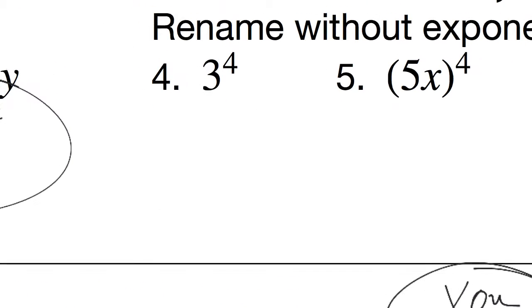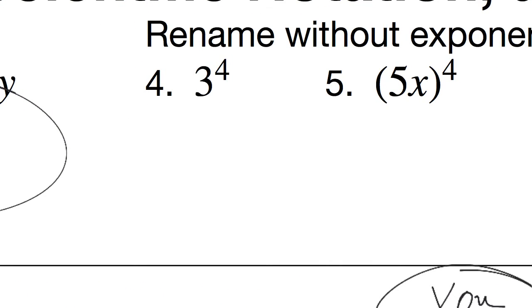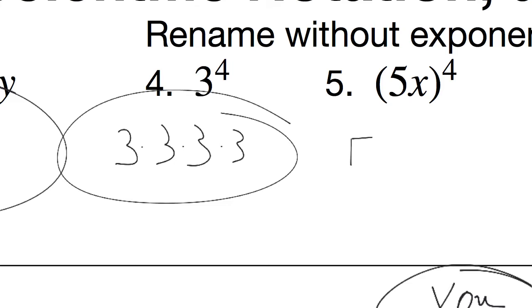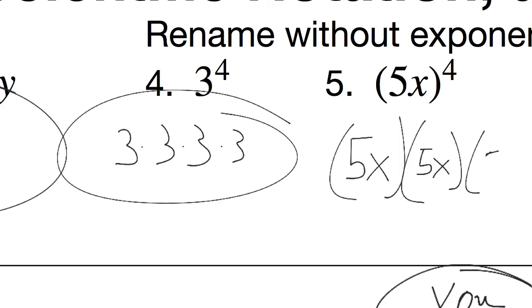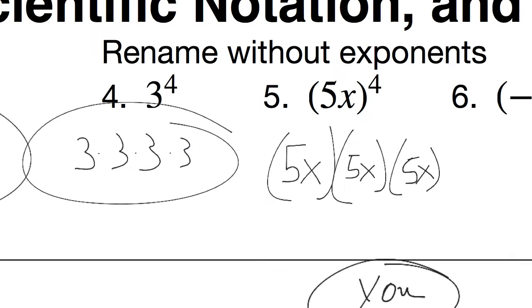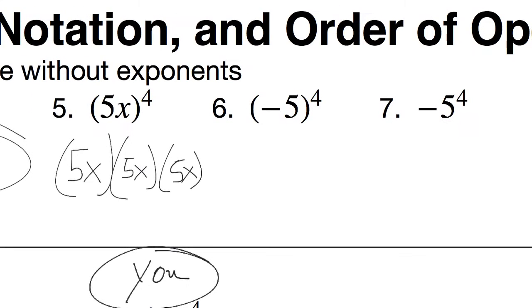Rename without exponents looks like this: 3 times itself 4 times. 5x times itself 4 times: 5x, use parentheses, 5x, 5x, and 5x.